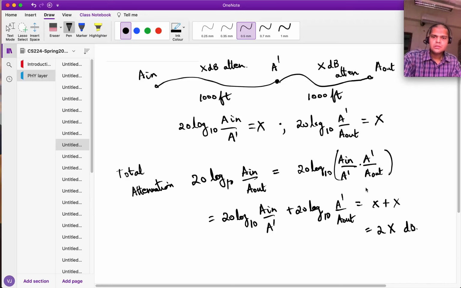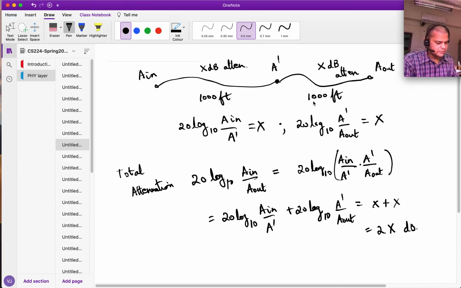Okay, so by going to the log scale, we've made things a little bit easier for ourselves. Even though we might have very different attenuations in different scenarios, in the log scales the numbers are not that far apart. And if you have multiple attenuations either due to wireless or wired media, you just have to add them along the end-to-end path and you get the total attenuation.